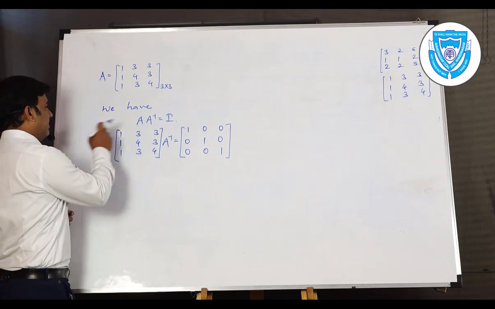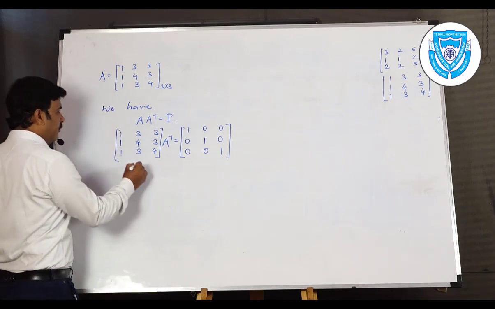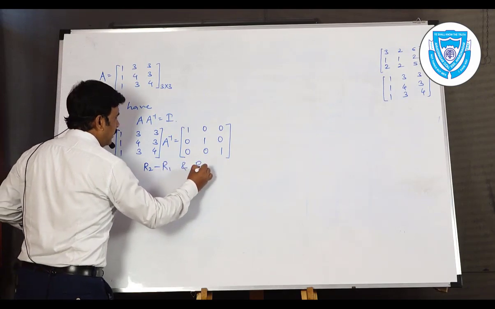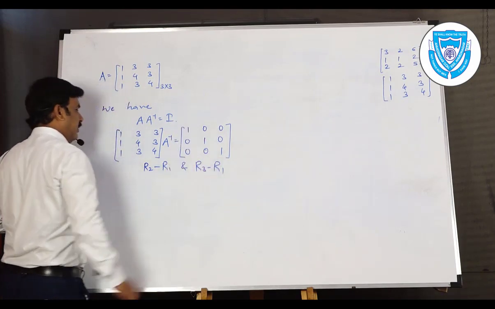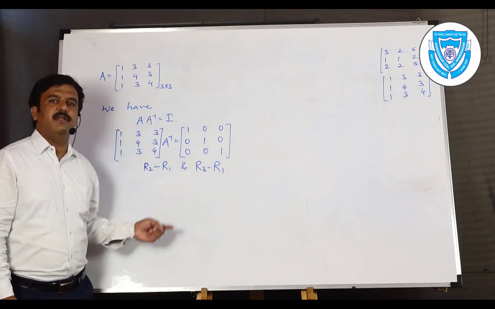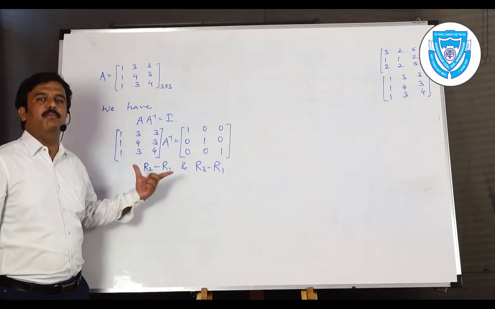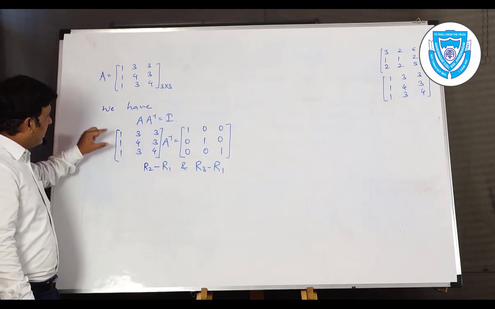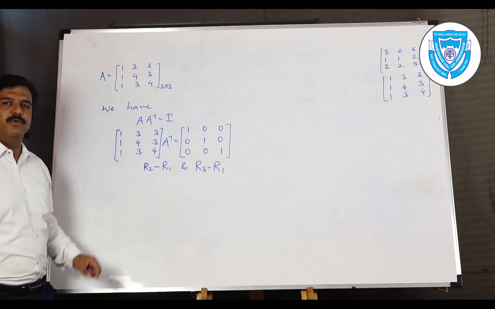Even R3 minus R1 will get 0 over here. Let us perform the operations R2 minus R1 and R3 minus R1. You can observe that in both the operations, we are taking the help of R1. We are involving R1 in both the operations. As we are performing on these two, we can take help of R1 only.